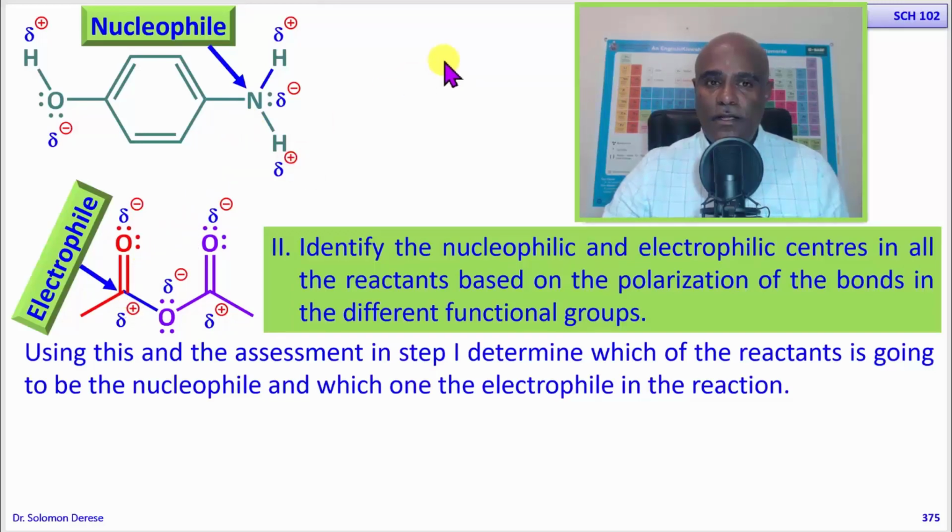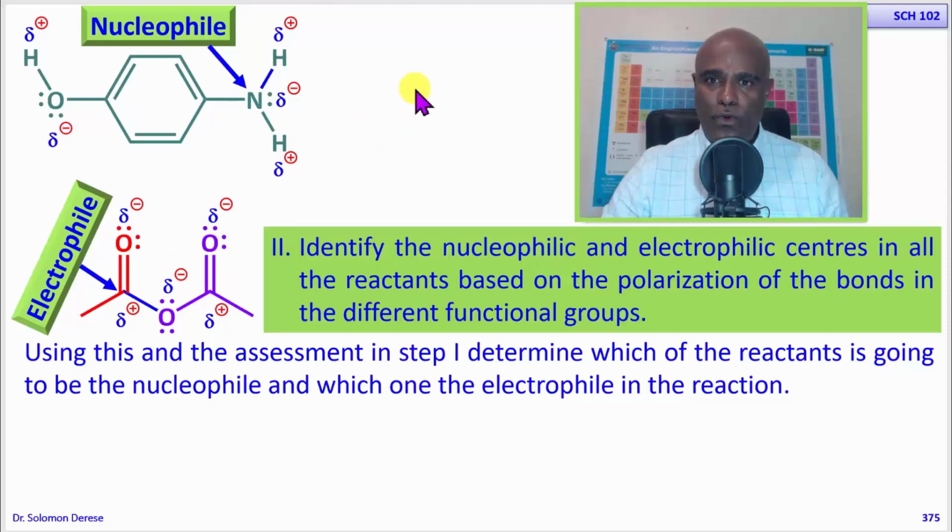Straightforward. But what if we did not know the product of the reaction of 4-aminophenol and acetic anhydride? Suppose I did not give you what the product of the reaction is. How are you going to predict the product?